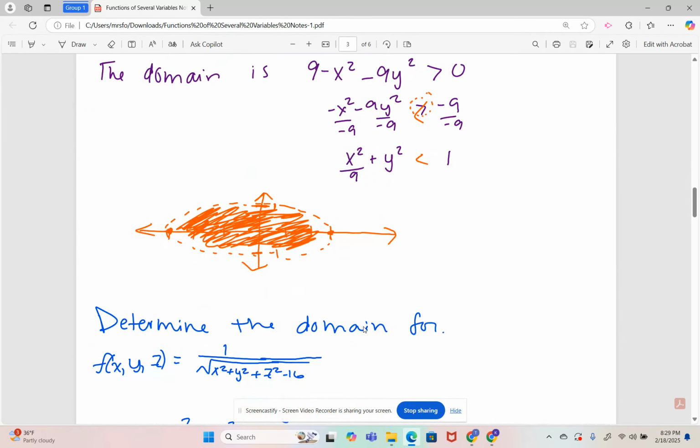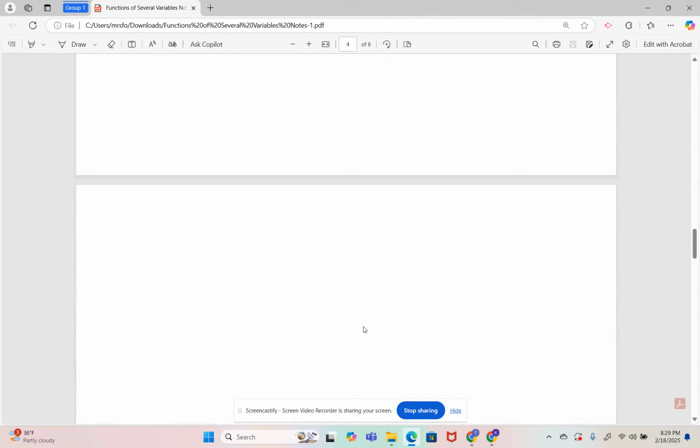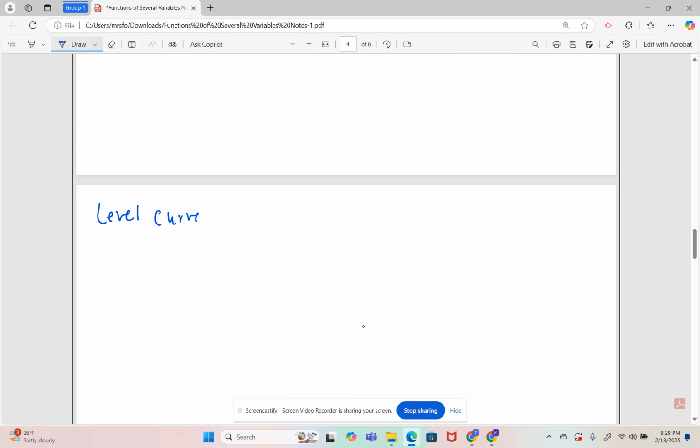The next topic we were going to look at was the level curves, or contour curves. The level curves of the function z equals f of xy are two-dimensional curves.